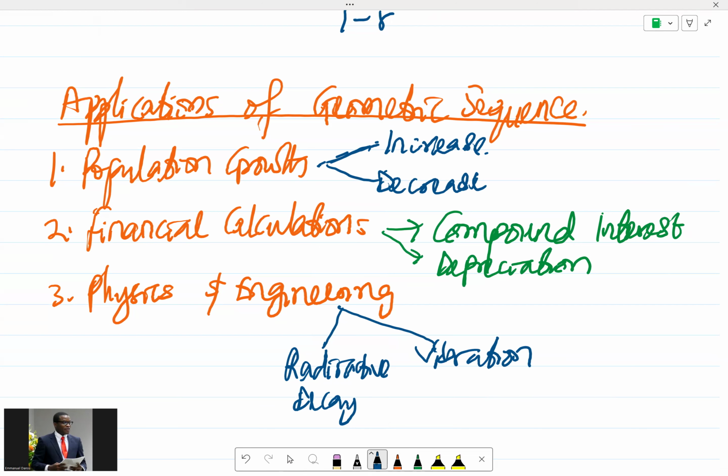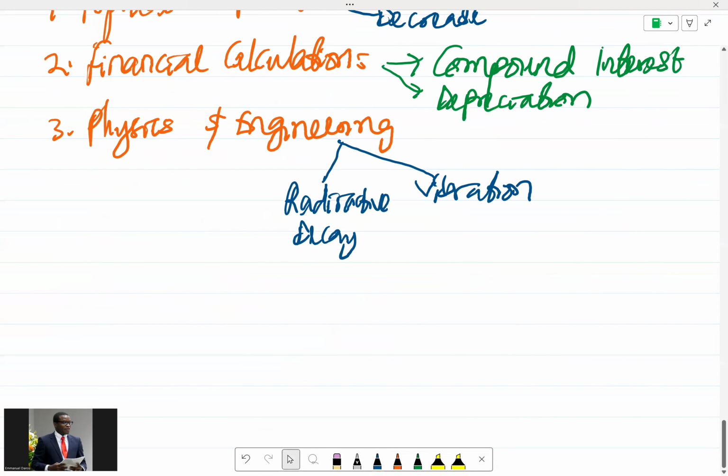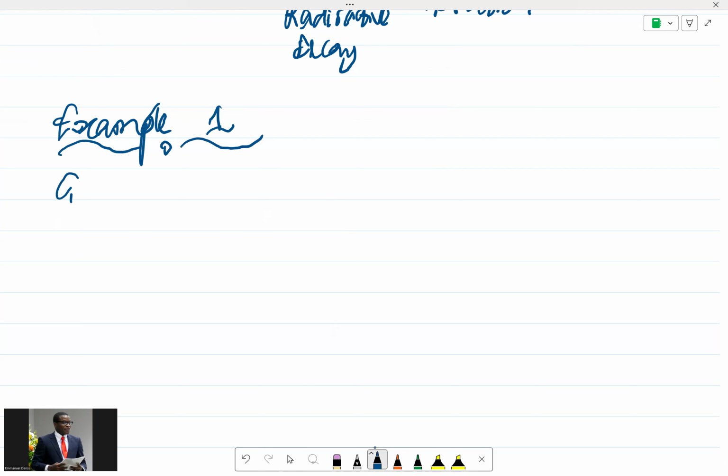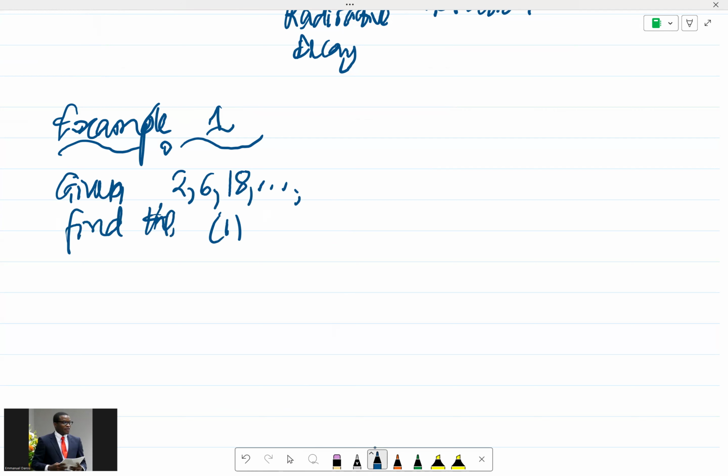To round off everything, let's take two examples to drive all these points home. Example one. I'll use the geometric series we've been working with. Given 2, 6, 18, and so on. One, find the fifth term.